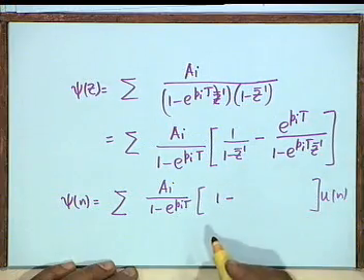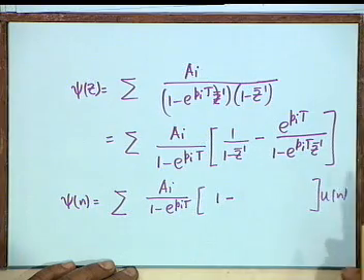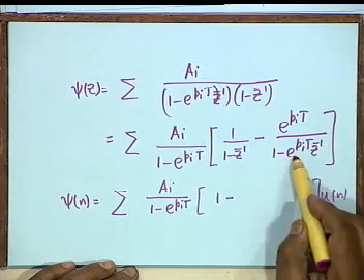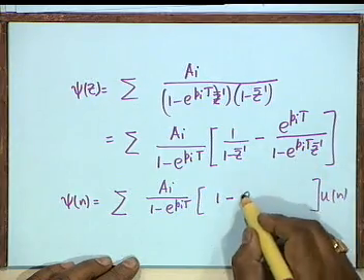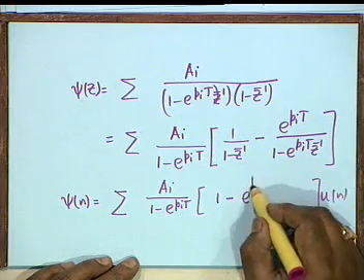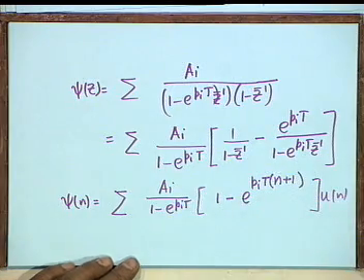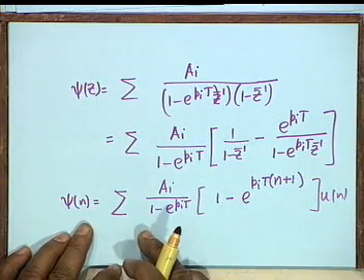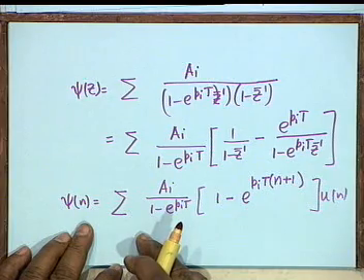The second term is e^(p_i T), which is a constant, multiplied by alpha to the power n. Therefore, I shall get e^(p_i T (n+1)). Agreed? This is the step response of the impulse invariant design.